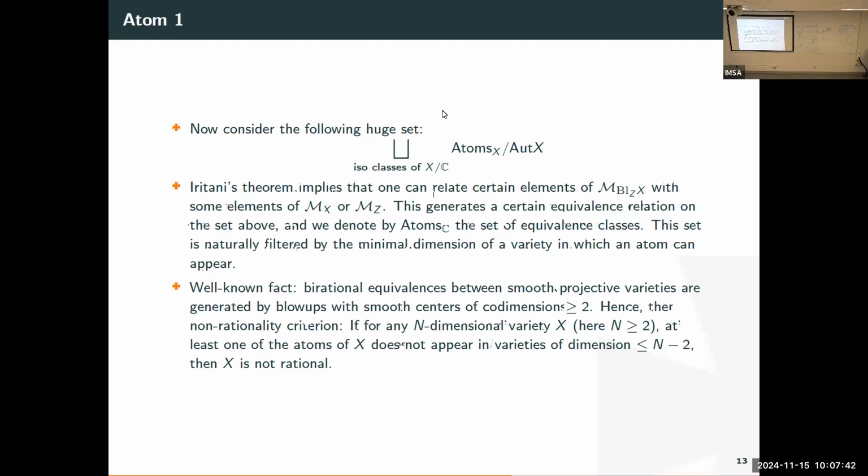And so the theorem of Iritani, which is a certain blow-up formula for the quantum homology, tells us that if we consider all this, I didn't introduce the notion of F bundles, but these fibrations of homology of the Frobenius manifold for a manifold X and submanifold in it Z, which we want to blow up.